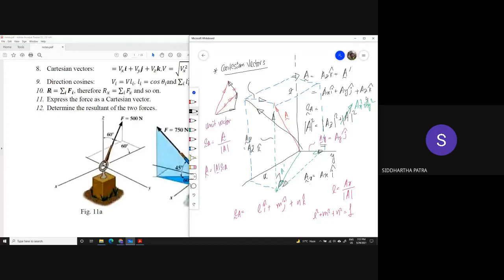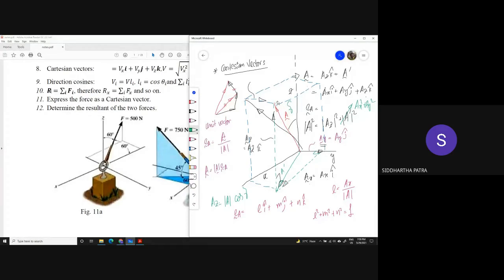Okay. And as you might have already figured out, with the z axis it makes an angle of, let's say, gamma. Therefore, Az is simply the magnitude of A cos gamma.